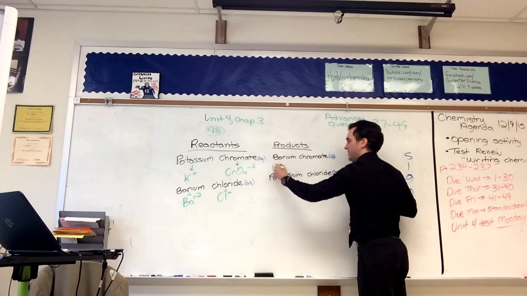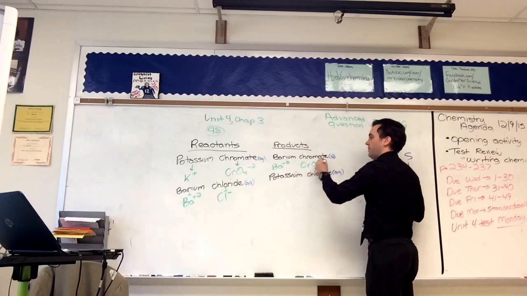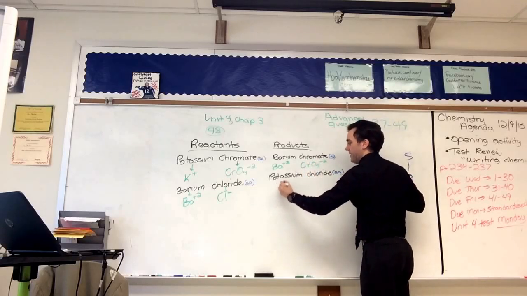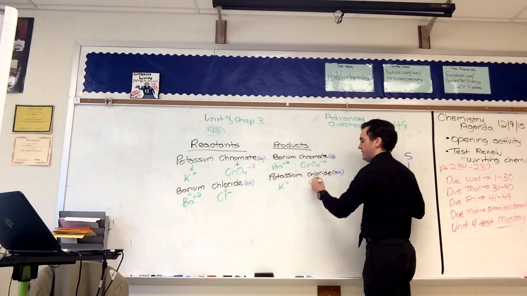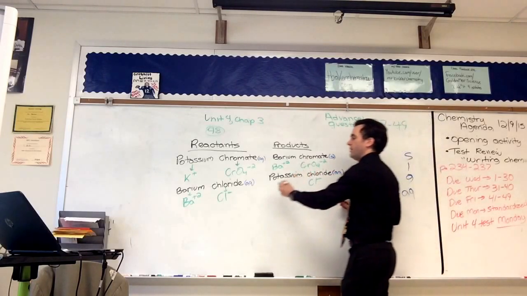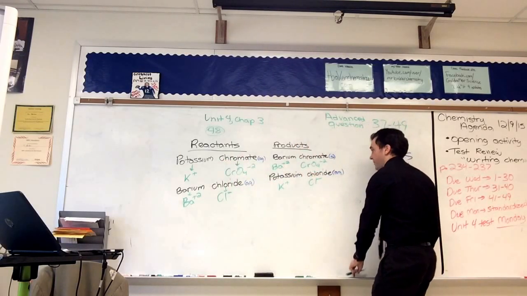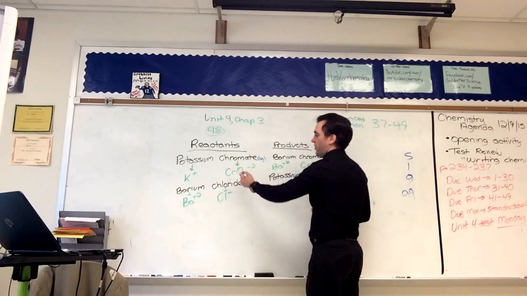So what's barium's charge? 2. Chromate, CrO4 minus 2. Potassium K plus. Chloride Cl minus. So I didn't leave much room to write the formulas, but so potassium chromate.